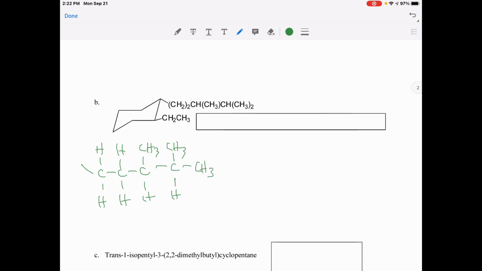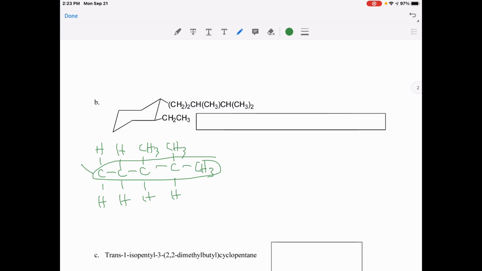So we have this complex substituent, and the first thing we need to do is identify the longest possible chain of carbons. For the sake of simplicity, I'll choose this as the main chain. Alternatively, we could have also chosen this because it's equivalent in length, but just to make things simpler, I'll choose the horizontal chain.